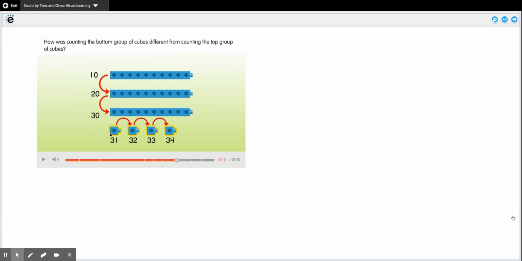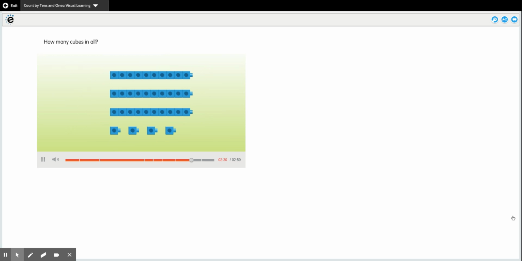And then on the bottom, we counted one at a time, just like we do at our calendar time with our days of school. One possible answer is it was faster. Why is grouping and counting by tens a faster way to count? One possible answer is there are fewer groups to count.